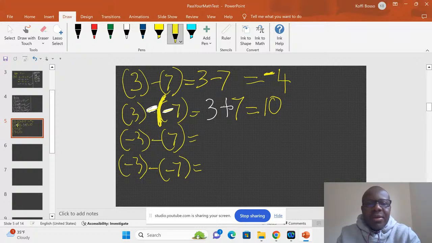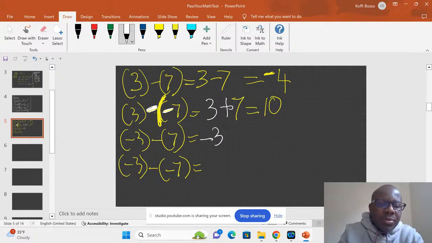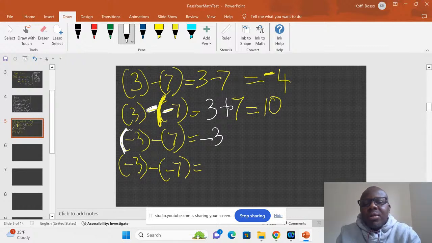The next one, again I will try to remove the parentheses so I can see clearly what is going on. The negative 3 in the parentheses stays the same, negative 3. Nothing happened, because before that open parenthesis they don't put any sign, which means it's plus, it's positive. Positive multiplied by negative inside gives you negative.